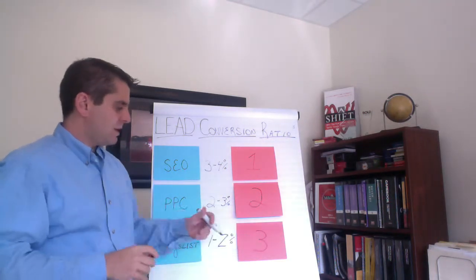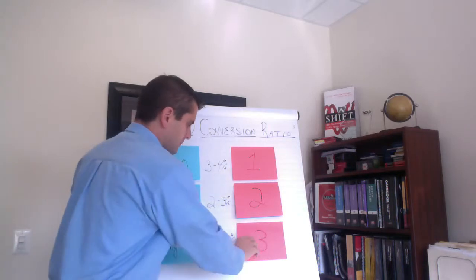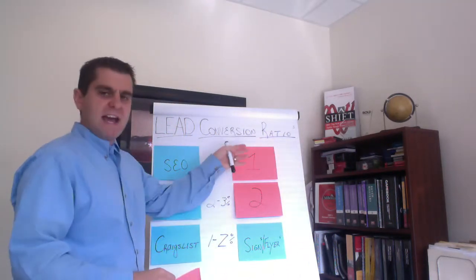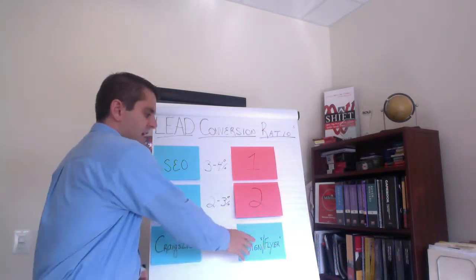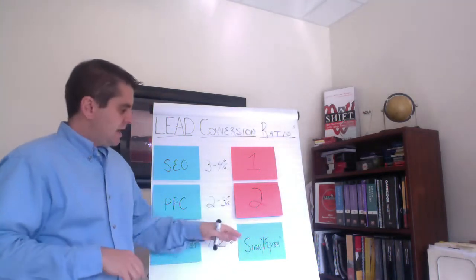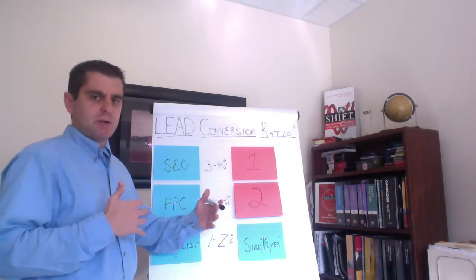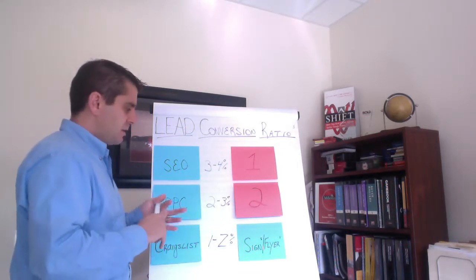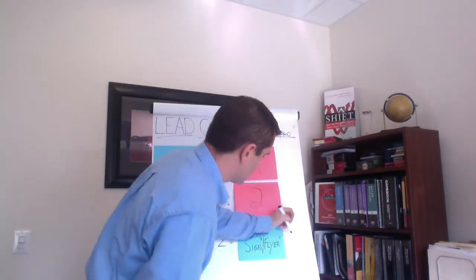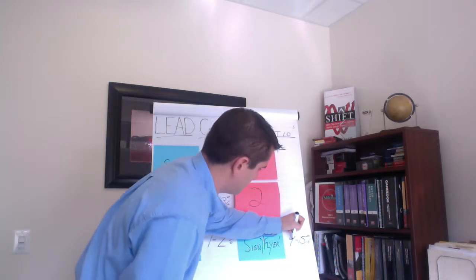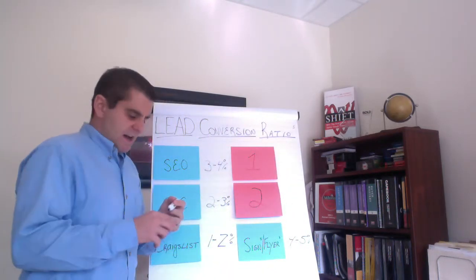The next one we're going to take a look at is offline. So here's your online, now we're offline. Sign and flyer calls, and more importantly, these are also your 800 capture calls at your listing. Sign and flyer calls convert at 4 to 5%.